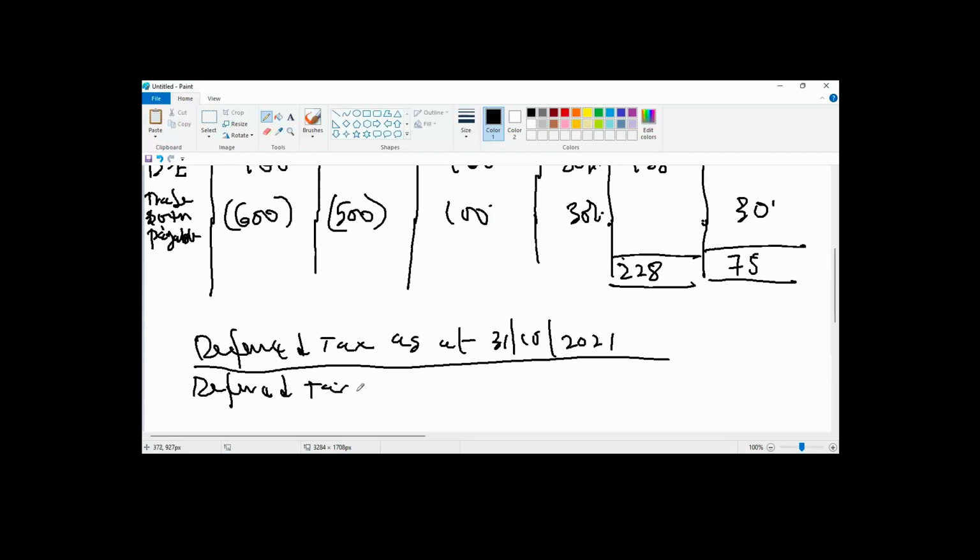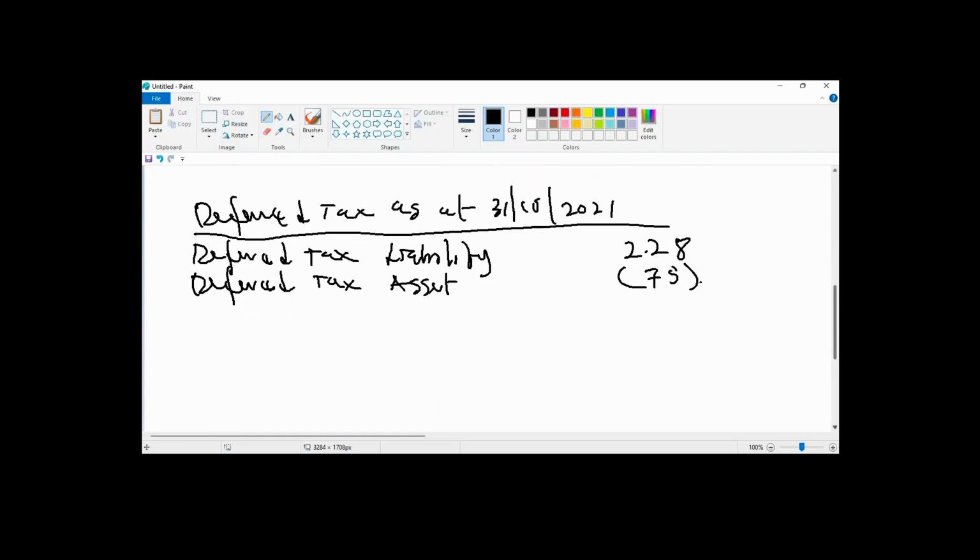Deferred tax liability, 228. Deferred tax assets, 75. Net is 153.